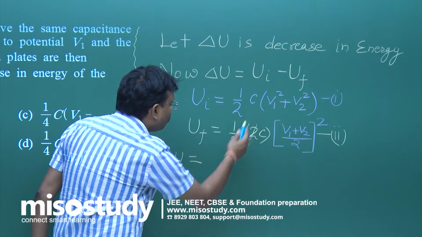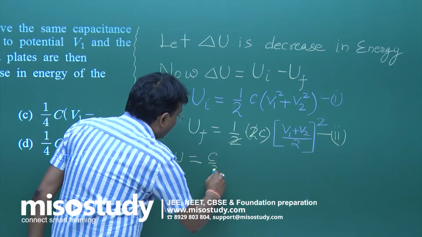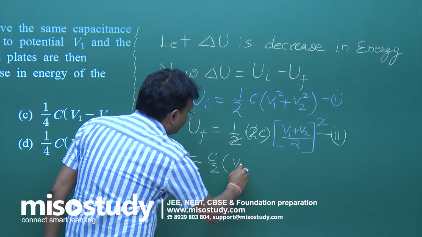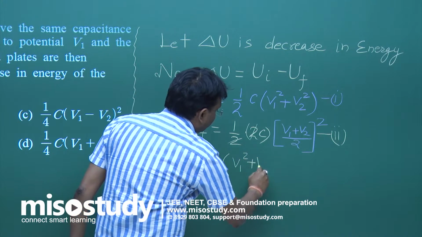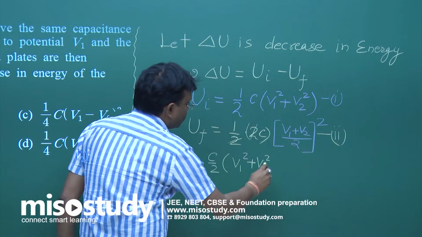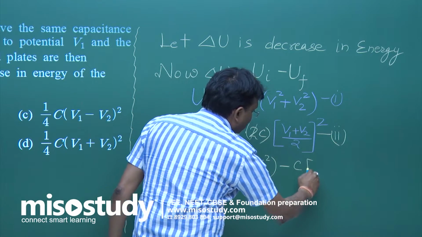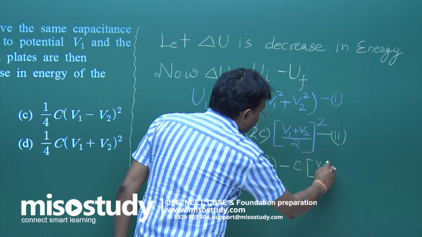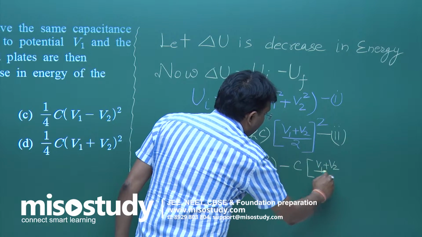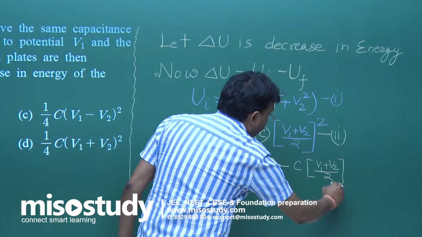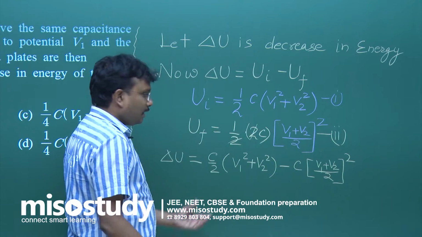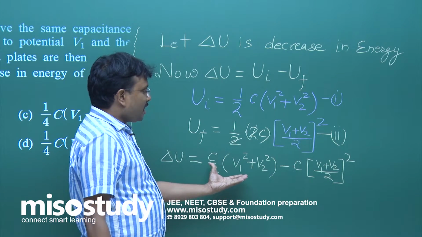So C by 2 times V1 square plus V2 square minus C times V1 plus V2 upon 2 whole square, equation number 3.